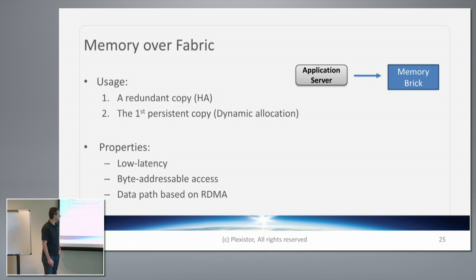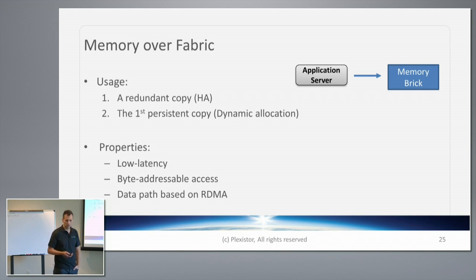The second one, as Sharon mentioned, is basically having your first persistent copy across the network, while the original copy that you're actually working with is on DRAM. So you don't need any persistent memory on the first machine, and you read and write to it, but then you have another persistent copy on another machine. Okay, so those are two different use cases, the same software implementation for both of them, but the use cases are different.